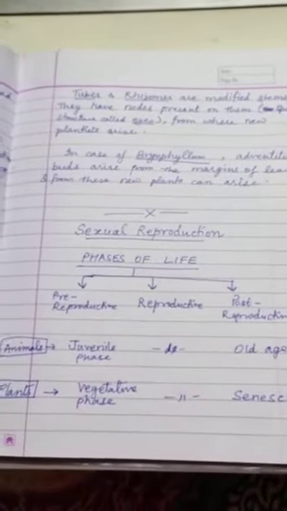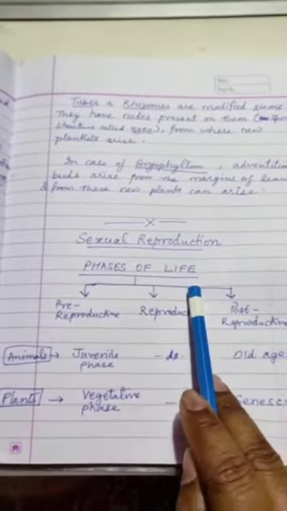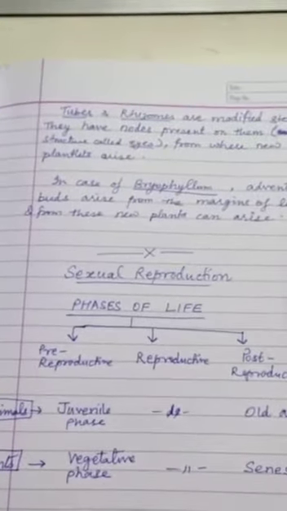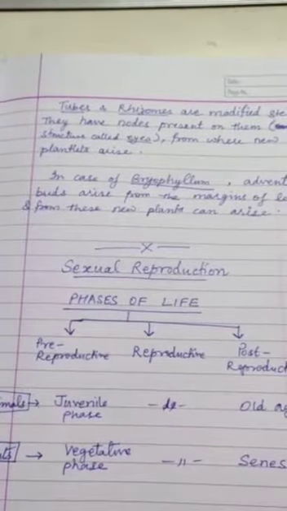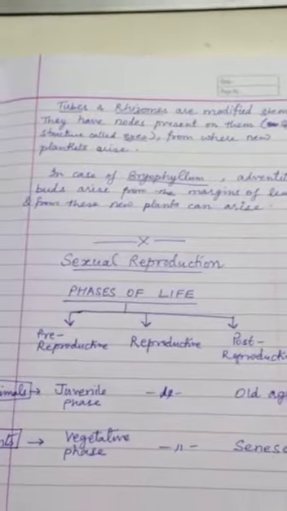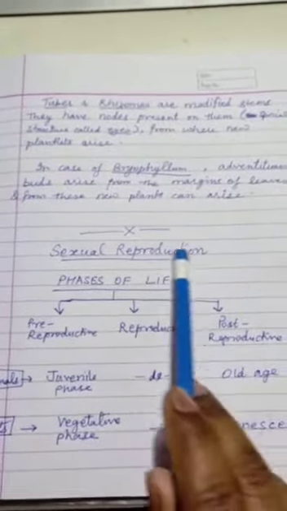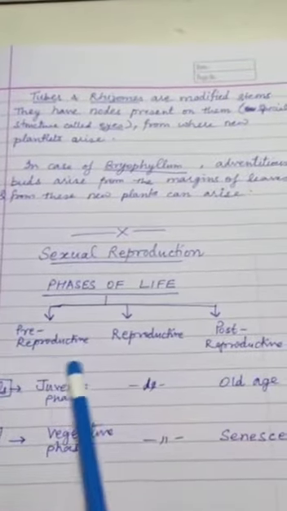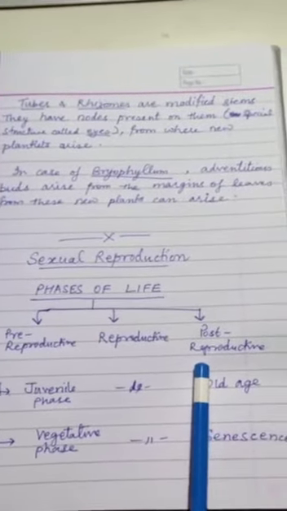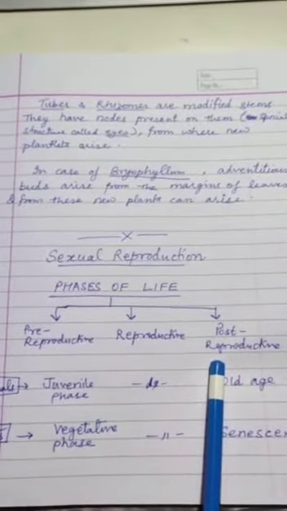Now we will talk about sexual reproduction. For sexual reproduction, let's first remind ourselves what lifespan is. What is the lifespan of an organism? From birth to death. Whatever there is from birth to death, that whole life can be divided into 3 phases depending on reproduction.